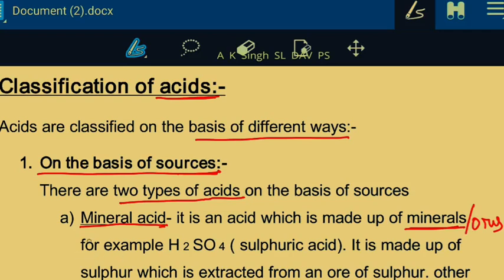For example, H2SO4, sulfuric acid. It is made up of sulfur.